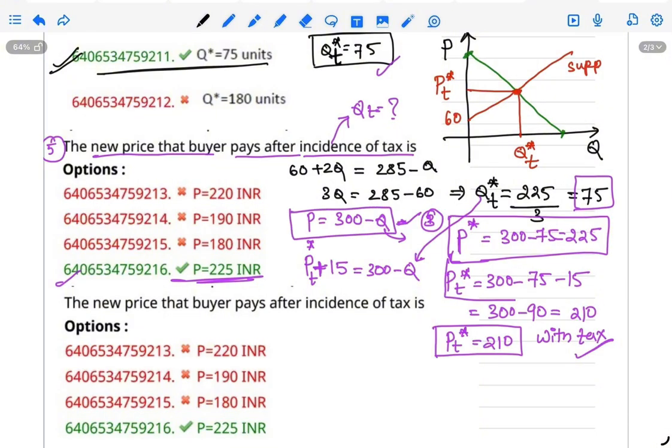Given the demand equation, we find the price P star, that is the new price the buyer pays after incidence of the tax, is 225 rupees.